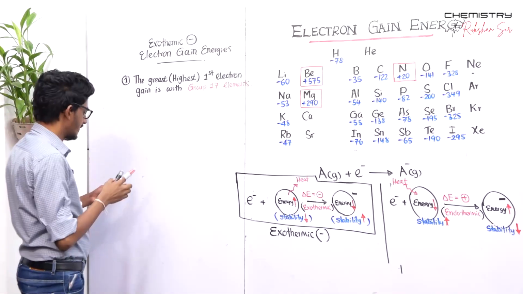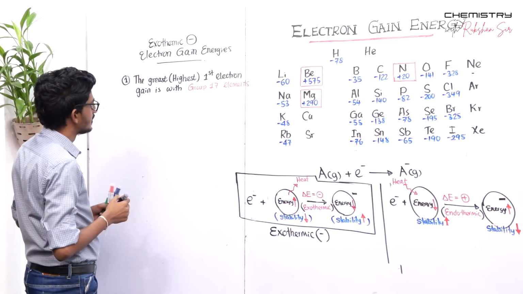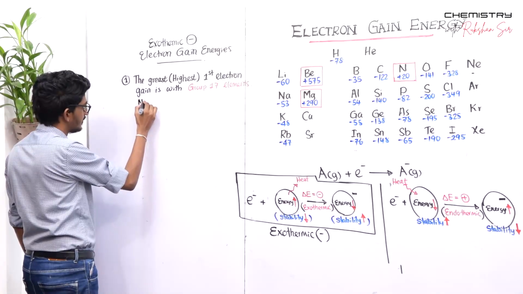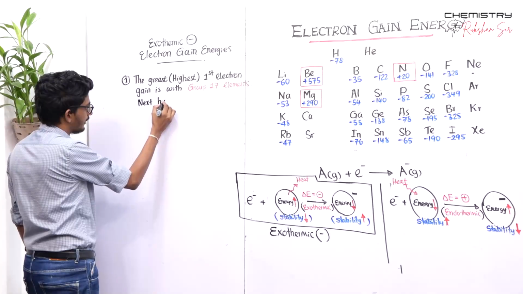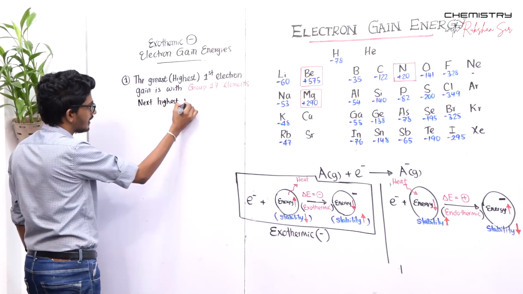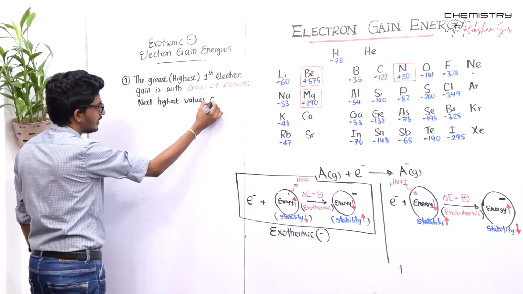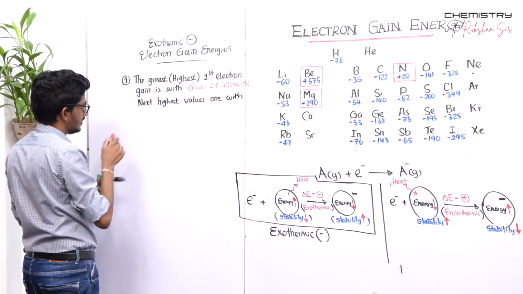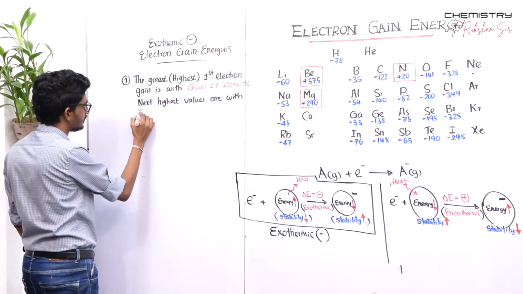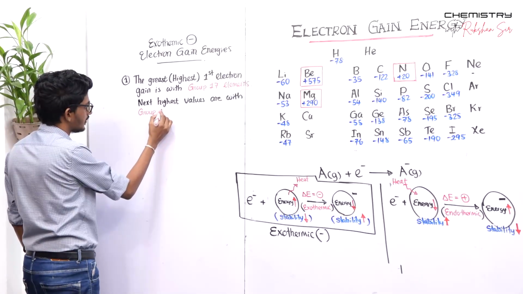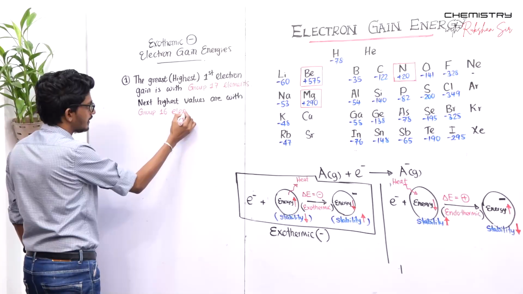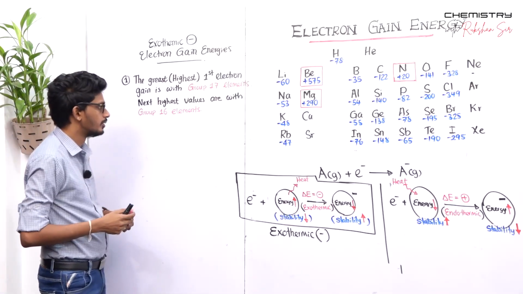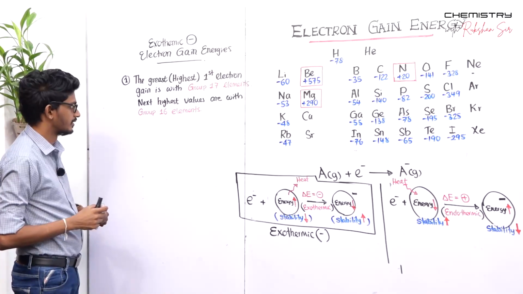Next highest values are with group 16s. That is the first thing you should know about the exothermic values of first electron gains.